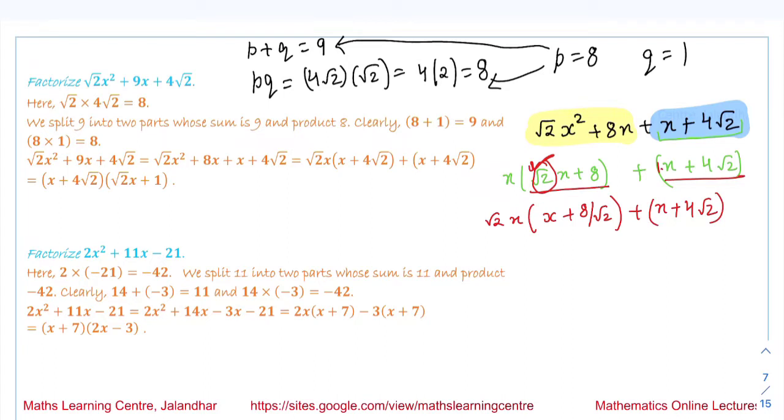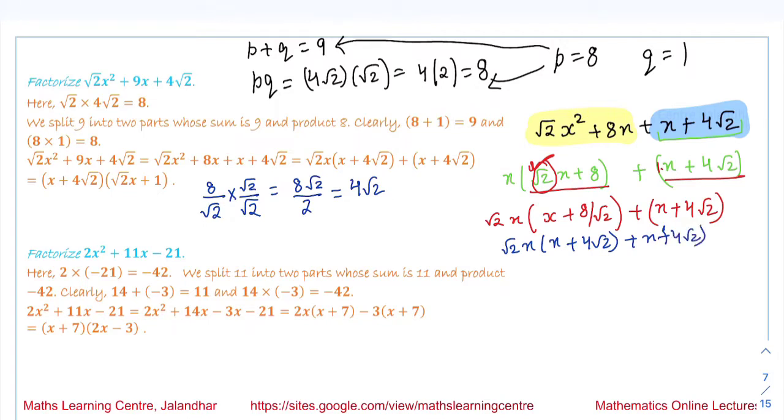Now 8 over square root 2, when you rationalize this term, the rationalizing factor is square root 2. So the answer you will get is 8 root 2 over 2, that is equal to 4 square root of 2. It means we have made this to the form square root 2x into x plus 4 root 2 plus x plus 4 root 2.